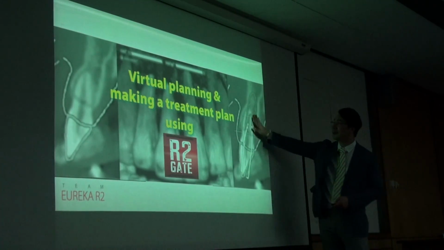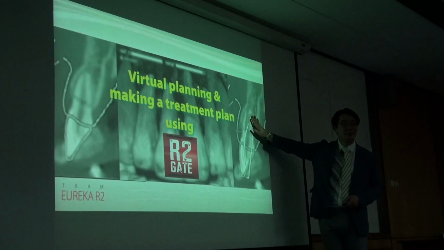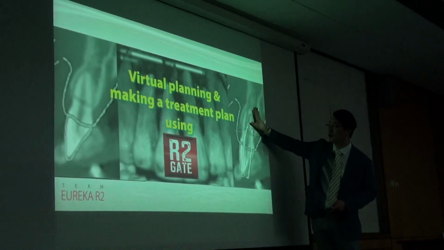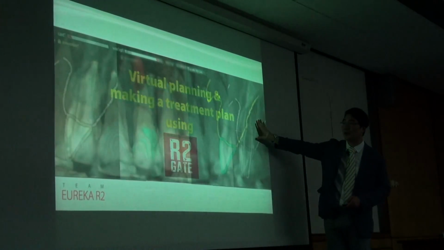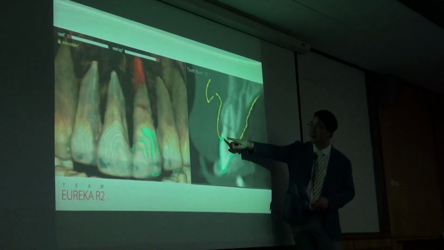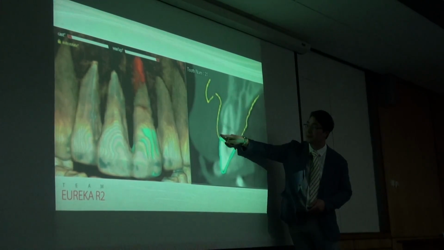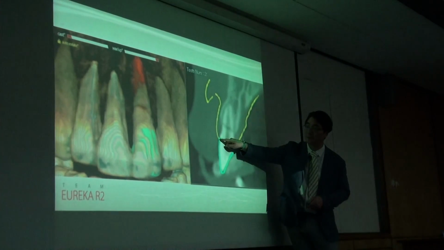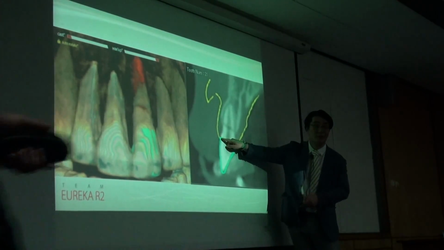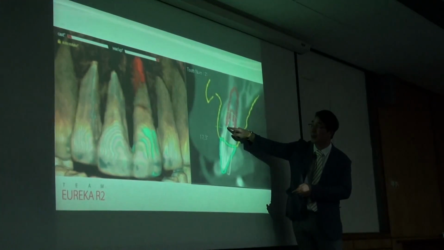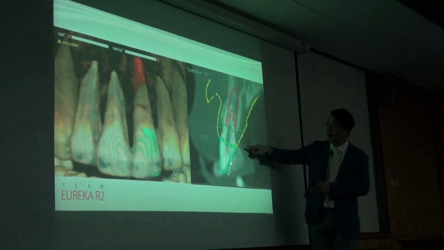And I received this kind of data from the center, and I corrected the implant position based upon my clinical concepts. Normally, I place the implant 4 or 5 millimeters below the buccal provisional restoration margin. This is my clinical concept.